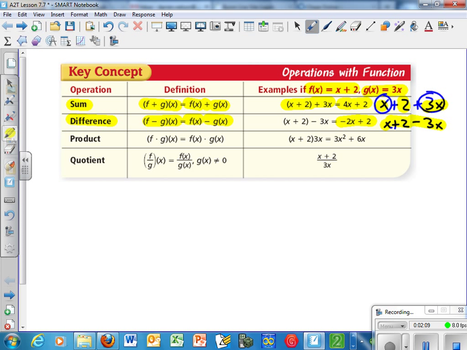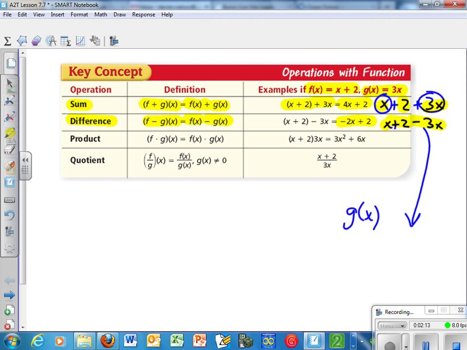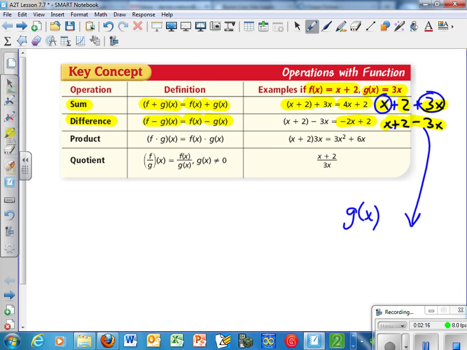One thing I want to talk about, just to change this example up, what if it was g minus f of x? Well, that means take g of x and subtract f of x. If I do that, I'm going to take the 3x and I'm going to subtract off x plus 2.